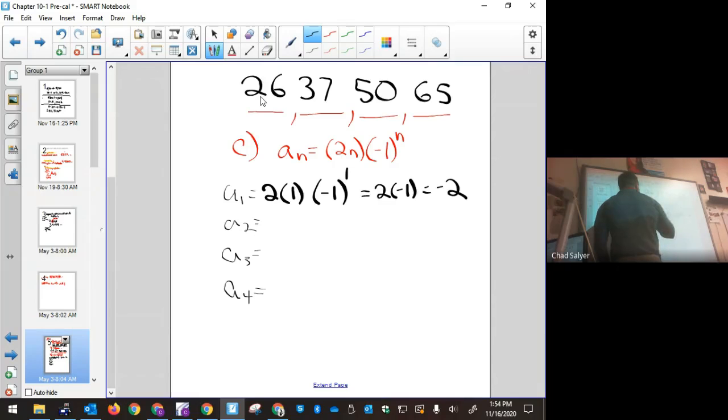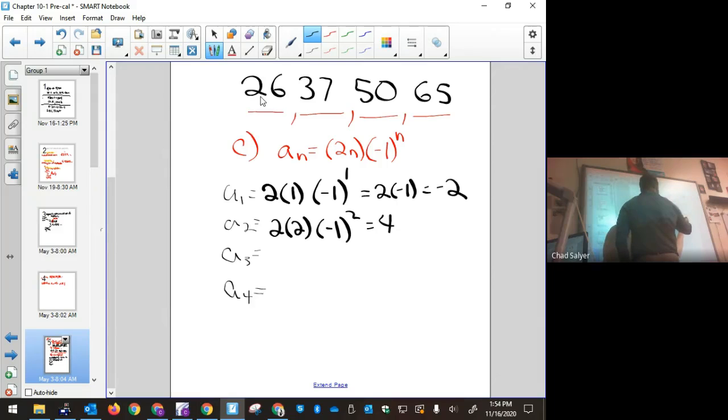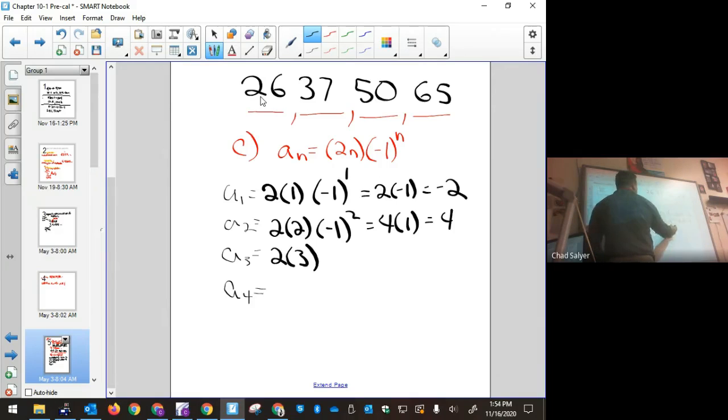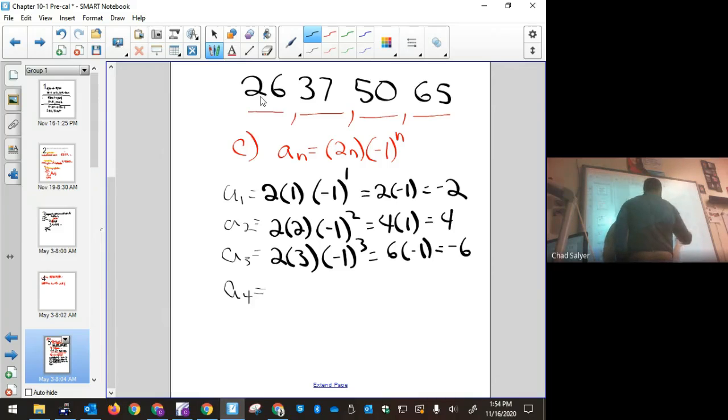Do the exponent before you multiply there. So 2 times 2 times -1 to the second power is 4 times a +1, 4. And then 2 times 3 times -1 to the third power is 6 times -1, or -6.